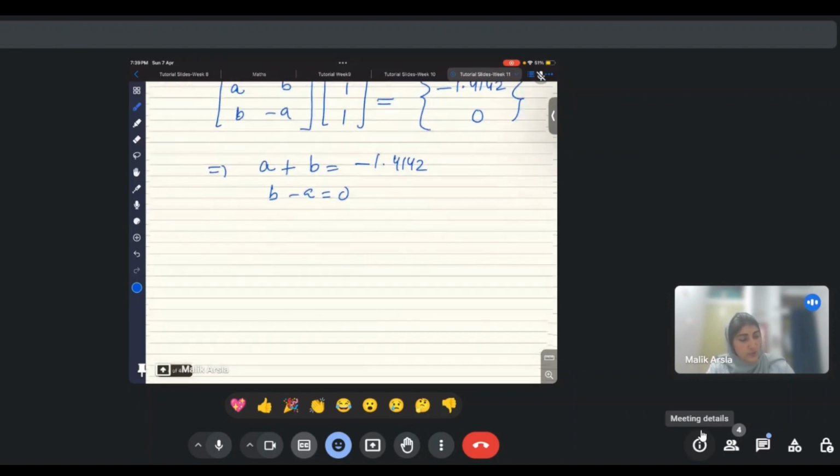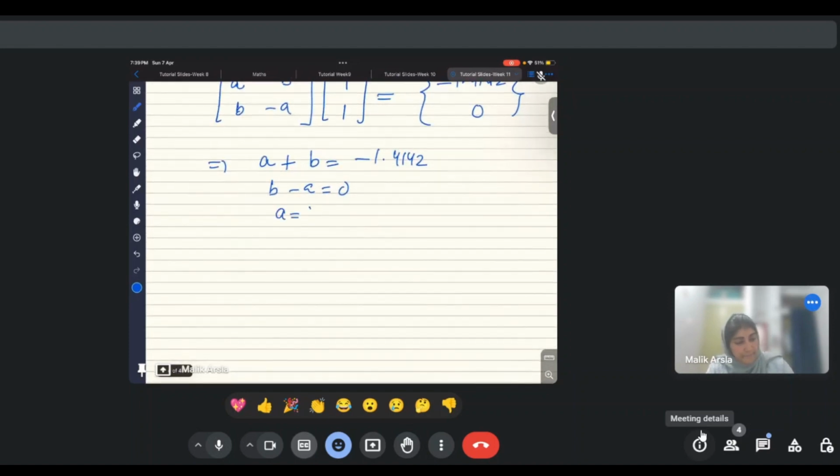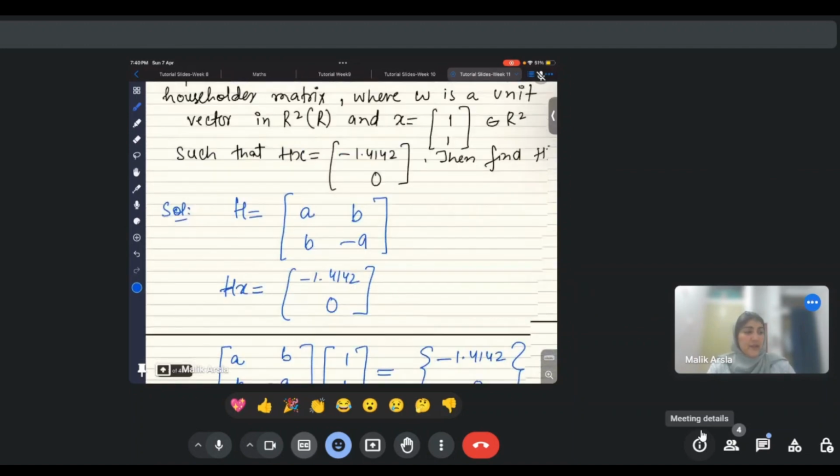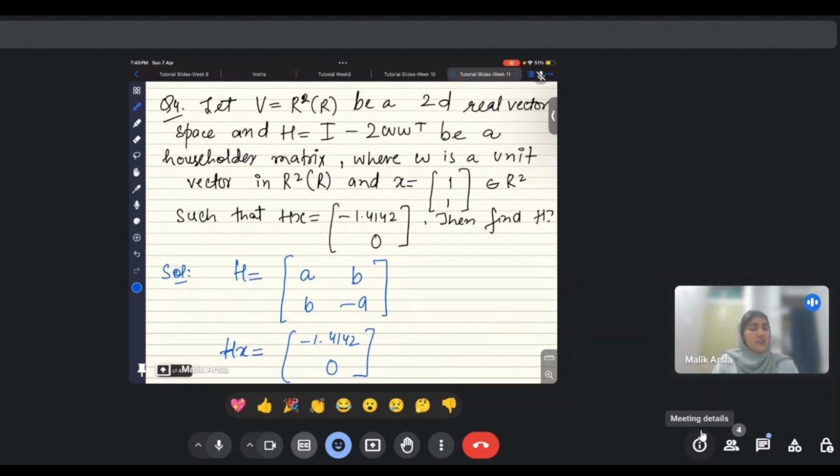So A = B. From here 2A = −1.4142, which implies A = −1.4142/2, and this comes out to be −0.707. Now A we have gotten, then we can write B and −A. So this is the basic method, but we will follow the standard procedure to do this.